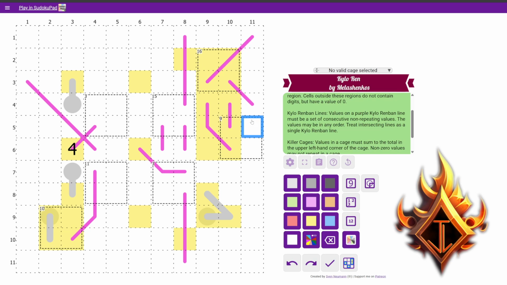Let's see. Can this one be yellow? Because if it was, that one would be yellow. Wouldn't it? Yeah, it would.